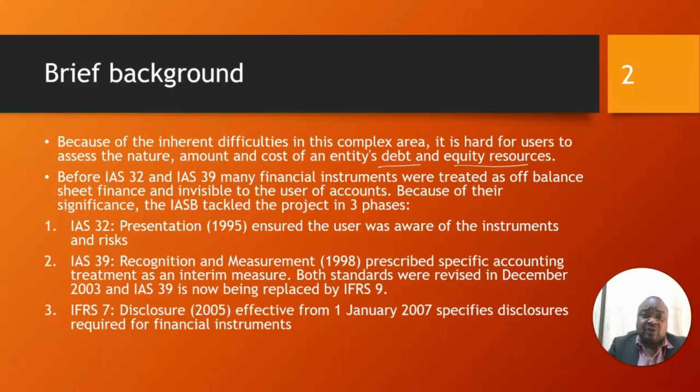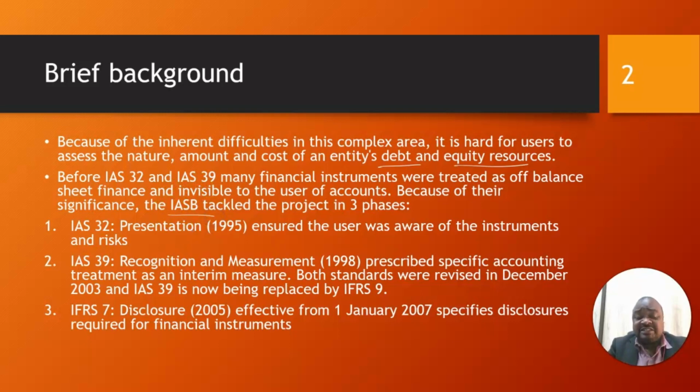Before IAS 32 and IAS 39, many financial instruments were treated as off-balance sheet finance and invisible to the user of accounts. Because of their significance, the IASB tackled the project in 3 phases.